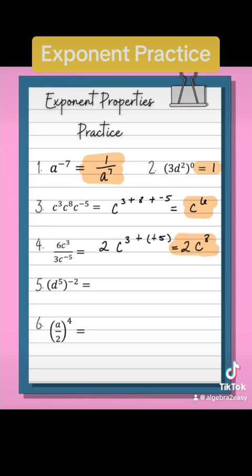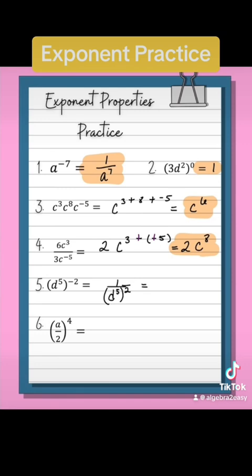Let's take a look at number 5. This one is very similar to number 2, but we're not raising it to the 0 power, we're raising it to the negative 2nd power. So the first thing that stops me in my tracks is that negative exponent. So I want to get rid of the negative, kind of like we did in number 1, and we're going to rewrite this by taking the reciprocal of the problem, and d to the 5th, all raised to the 2nd power, is going to move into the denominator.